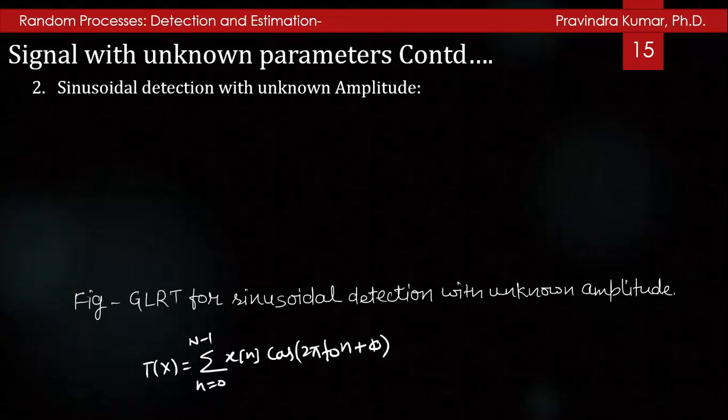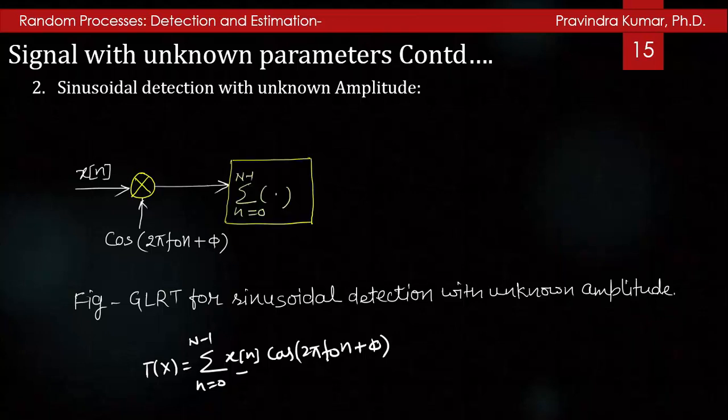So first of all we will combine x[n] and cos(2 pi f0 n). The block diagram for the GLRT for sinusoidal detection with unknown parameter will be: we combine first x[n] and cos(2 pi f0 n plus phi), then take the summation of this and take the whole square, because the test statistic is the whole square of this value.